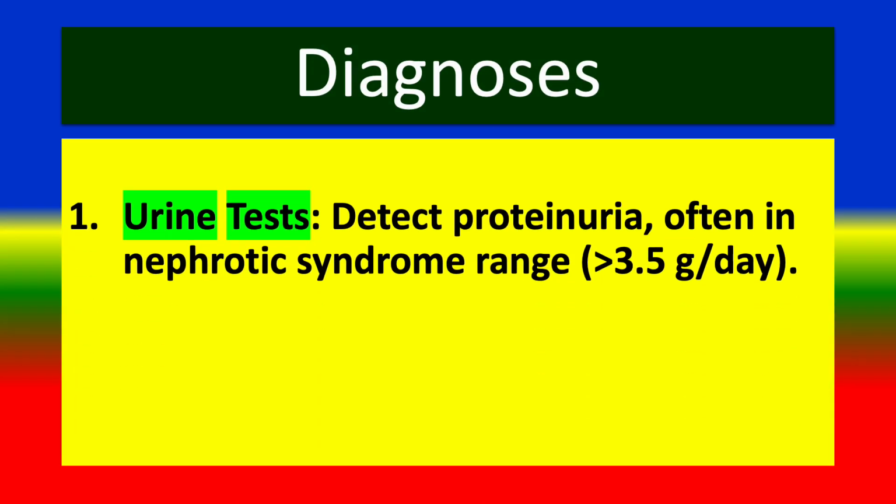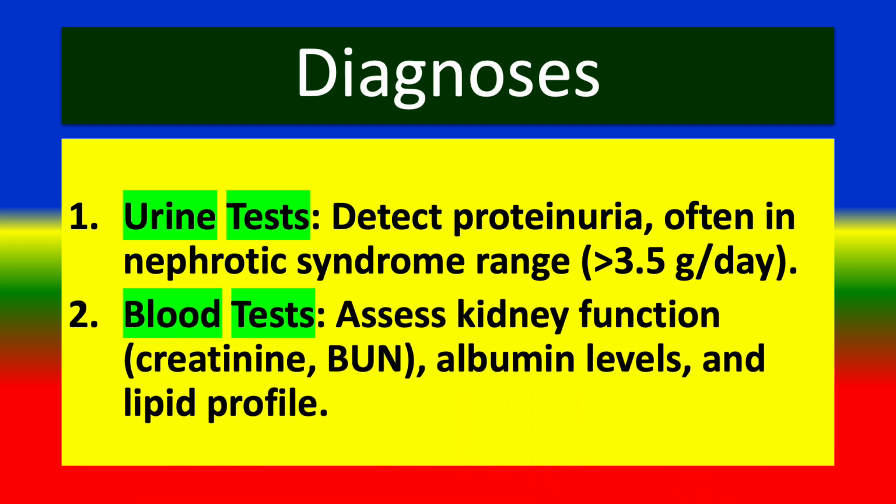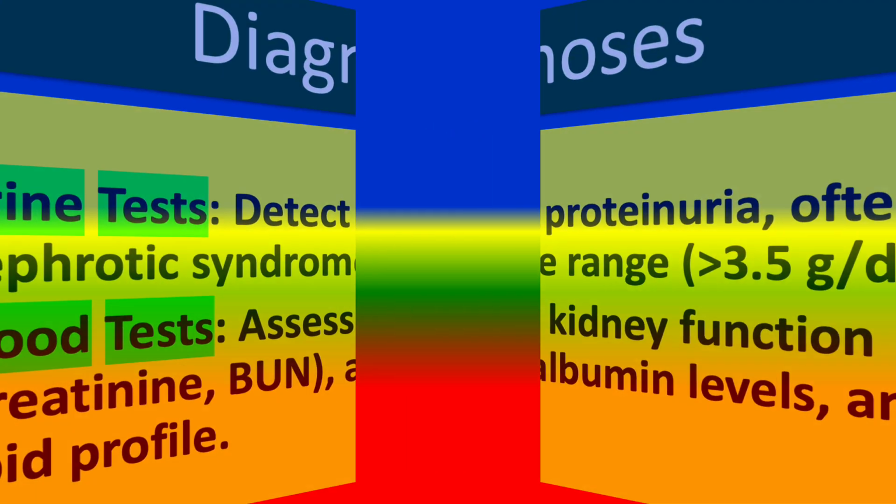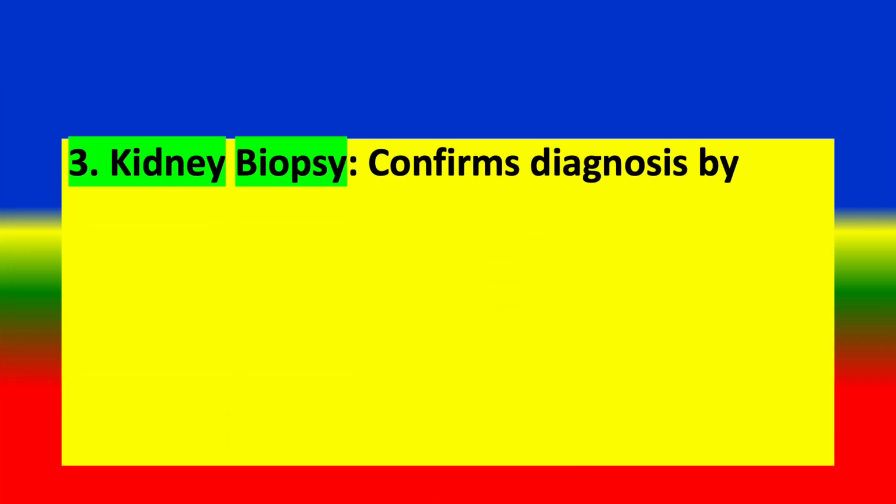Diagnosis. 1. Urine test detects proteinuria, often in the nephrotic range, greater than 3.5 g per day. 2. Blood tests assess kidney function: creatinine, albumin levels and lipid profile. 3.